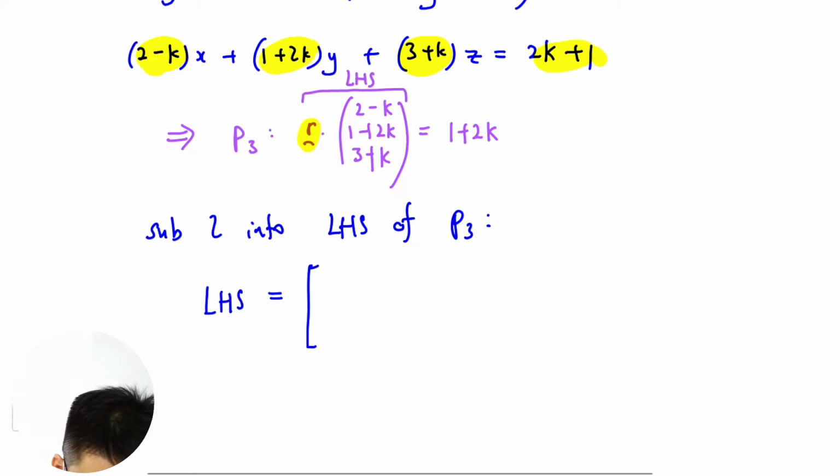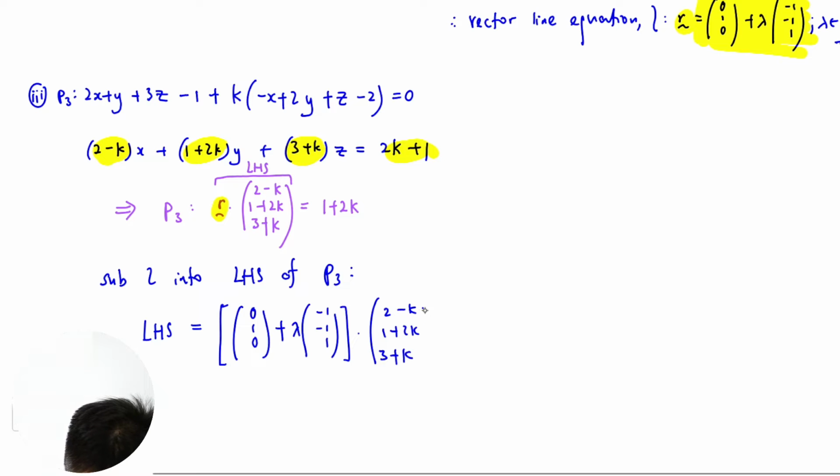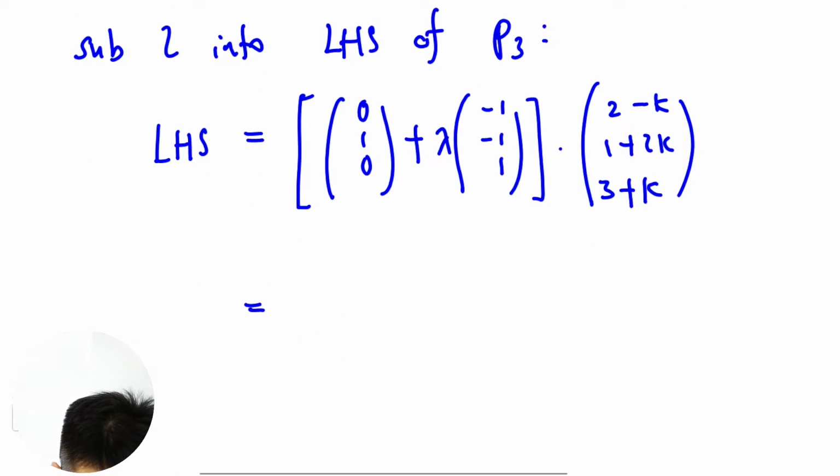So this part here, r will be this, and we hope that we get 1 plus 2k. So this will just be a lot of zeros. I like it.